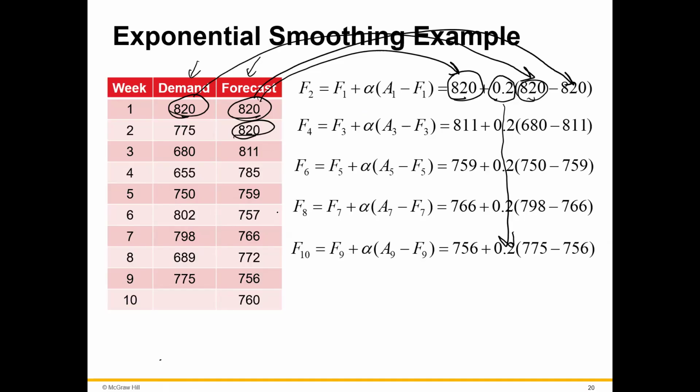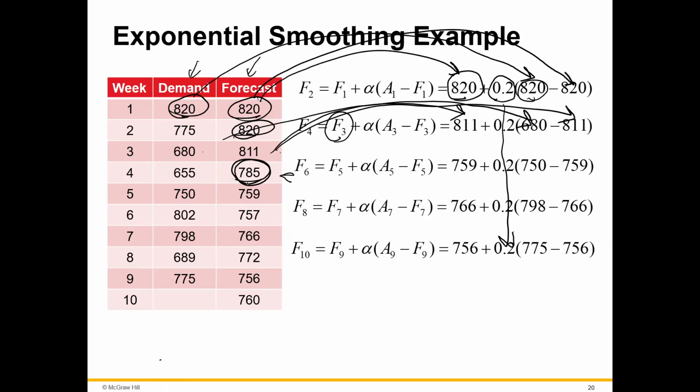We're going to be trying to predict time period 4, and it's going to be equal to the forecast from time period 3, which is 811, plus alpha times the actual from time period 3 minus the forecast from time period 3, right? And so that's going to return to us the value of 785, right? And then we go on and build from there, all right?